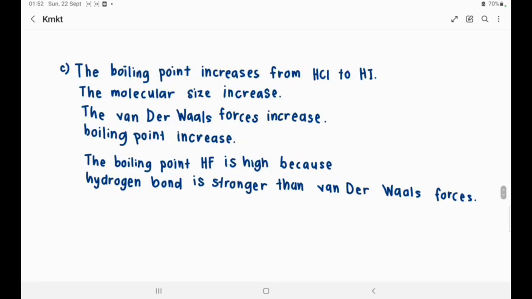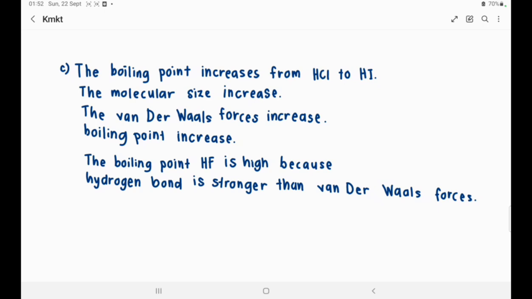So first we write that the boiling point increases from HCl to HI, and then we write that the molecular size increases. The molecular size increases because the elements behind the hydrogen atoms are going down the group.